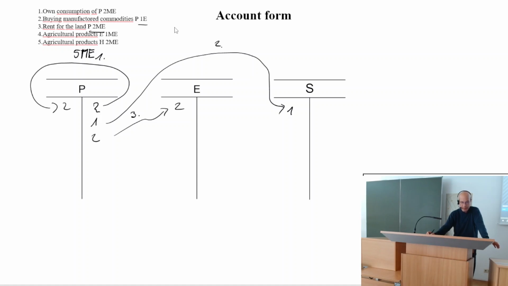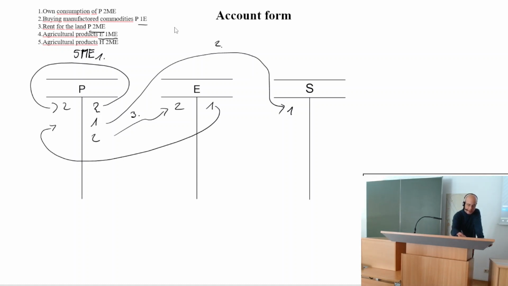But these guys, the clergyman, the bishop, has also to eat something. And so he buys also from the agricultural sector for 1 unit. So from his budget, he takes 1, and this is going to the class productive.